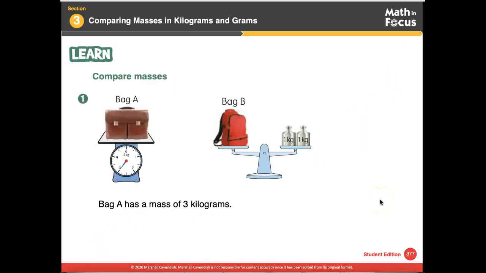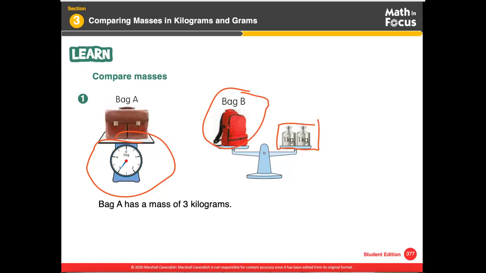Now if we want to compare them, it says bag A has a mass of 3 kilograms. The reason we know this is because this is our scale. It gives us the number, and it's pointing at the 3. Now, if we want to know how much bag B weighs, we've got 2 kilograms here.